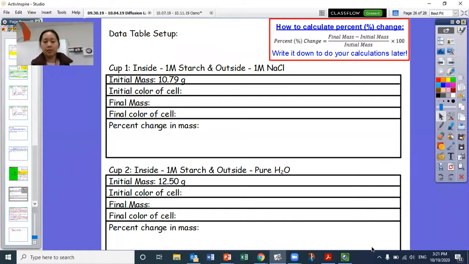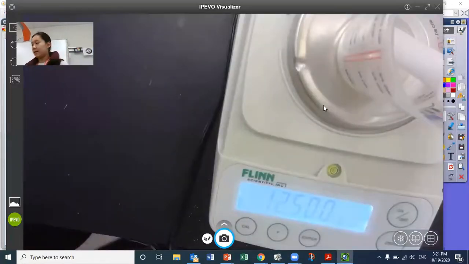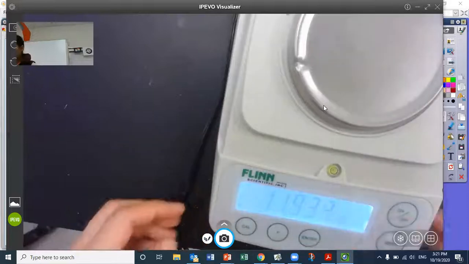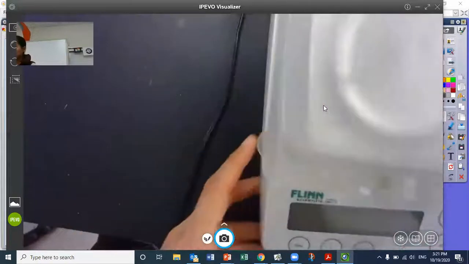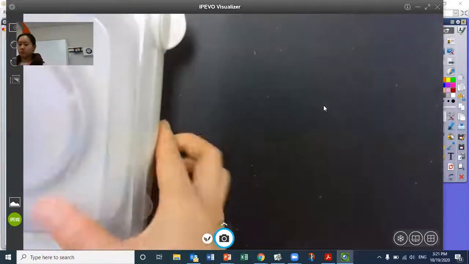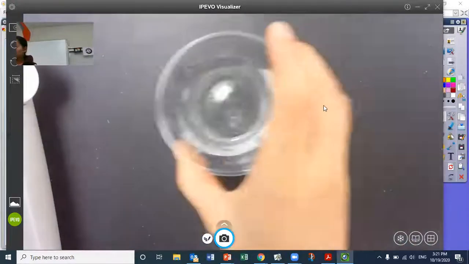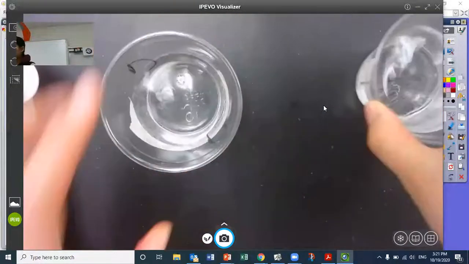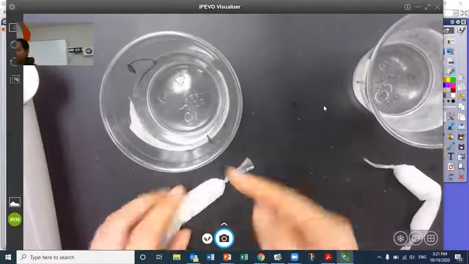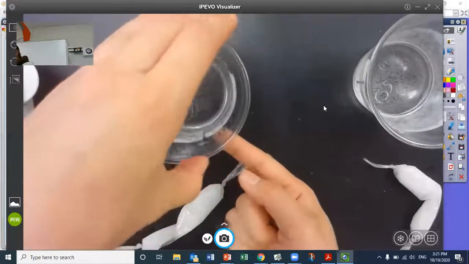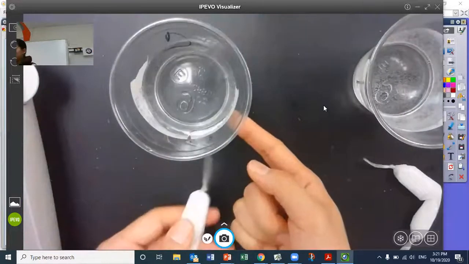So now basically I'm going to be setting up the 2 cups. So one of them, this one right here, says starch inside and then NaCl and iodine on the outside.